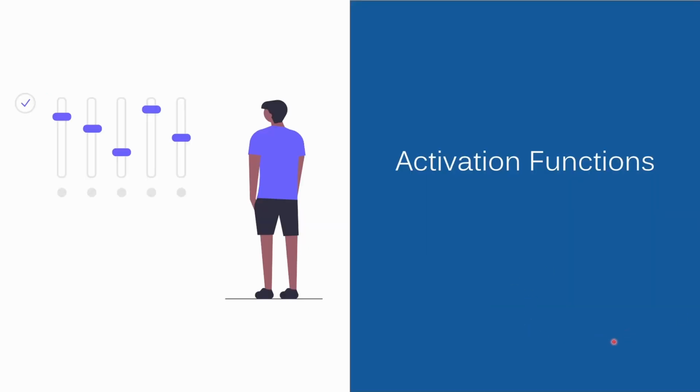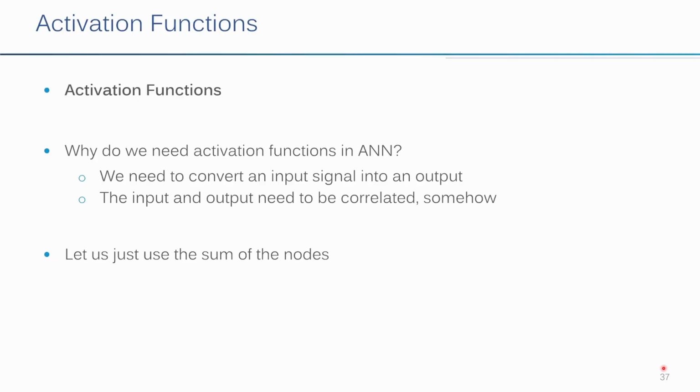Another interesting concept that we kind of explained already, but it's probably good to recap, is activation functions. It's a really important concept in neural networks that's used pretty much to convert an input signal into an output. As we are converting the input into the output, we need to make sure that they are correlated somehow.